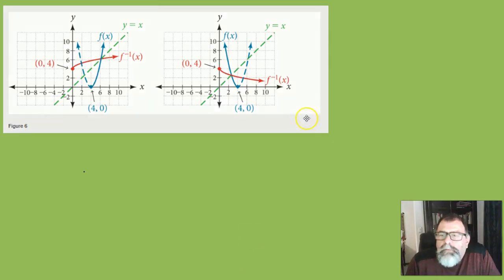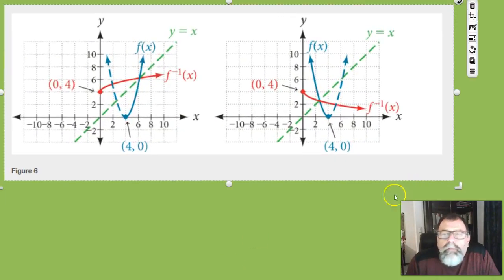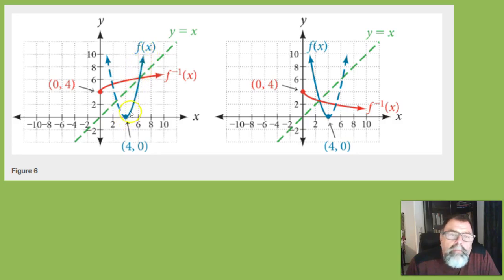All right, here's the picture from the book, a little bit better than what I drew. So let's look at that. So for A, right, it was x is greater than 4, so that's the solid blue one, right? And we did the inverse, it's the red one, okay? And you can see that those are mirror images through the line y equals x. And then when I did the B, it's now this solid portion, right?